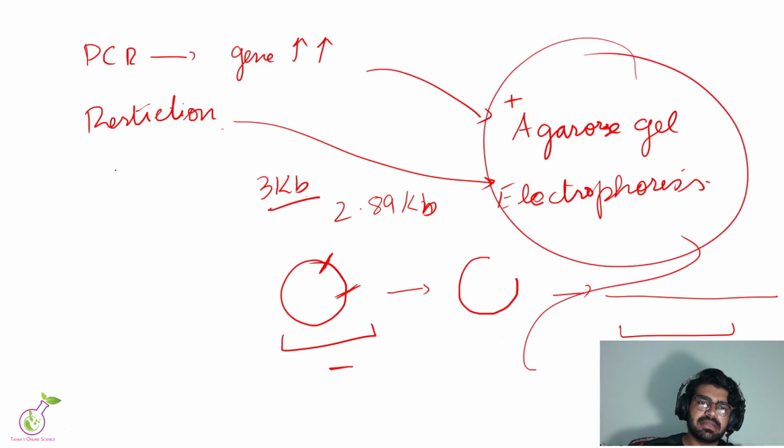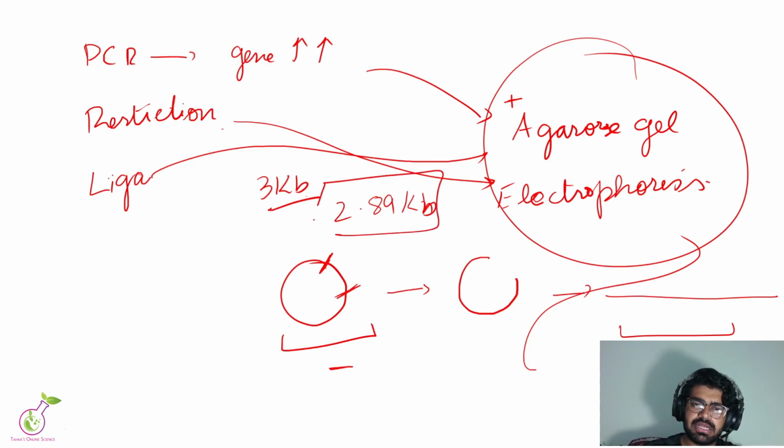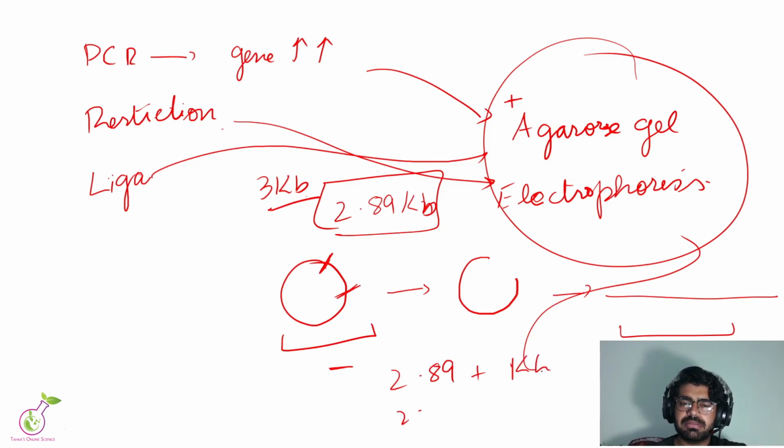Okay. And then further, after ligation, we again go for agarose gel to check if the DNA is ligated or not, because a plasmid after cut may be 2.89 kb. So 2.89 kb plus our gene, if for example our gene is 1 kb, it will become 3.89 kb.